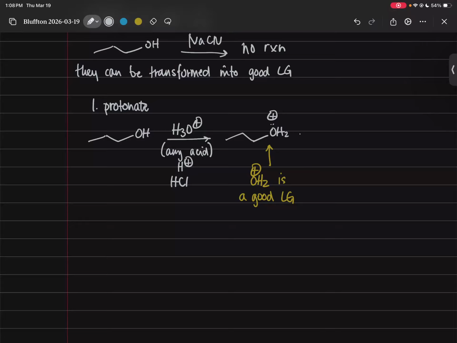Okay, so now we can use our nucleophile, whatever we like, maybe cyanide. Okay, and this will undergo an SN2 reaction to give us our desired nitrile, which is the organic version of a cyanide, and water.